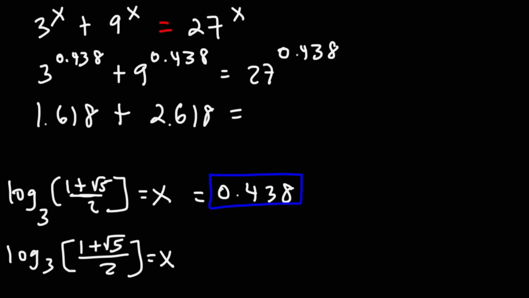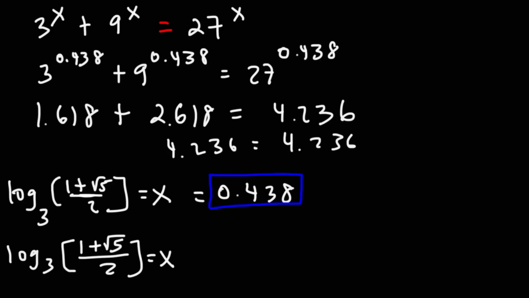And 27 raised to the 0.438, that's 4.236. 1.618 plus 2.618 gives us 4.236. So this is an accurate answer.